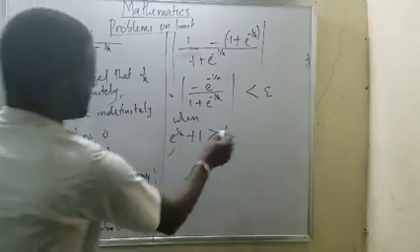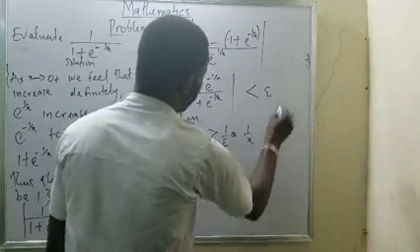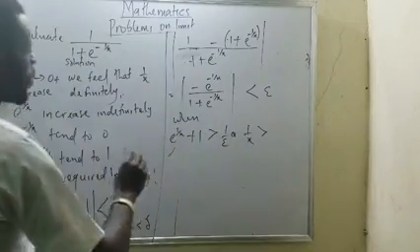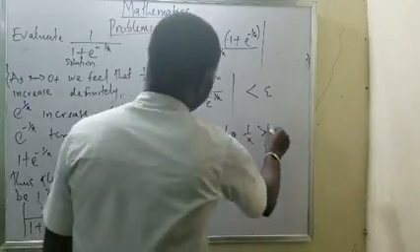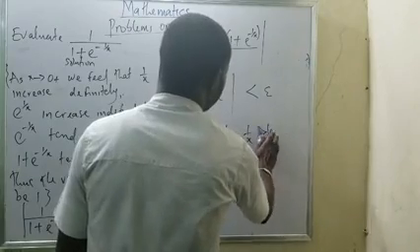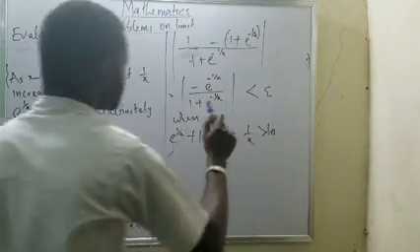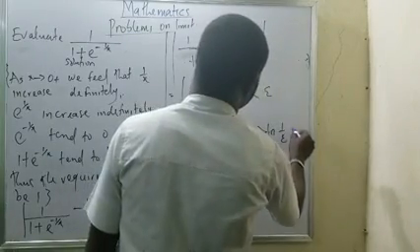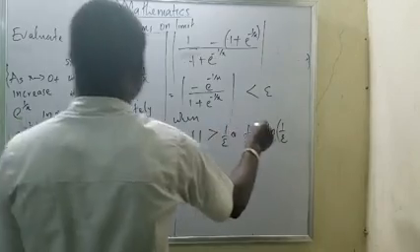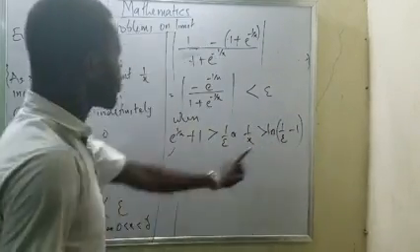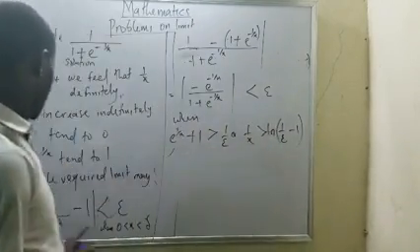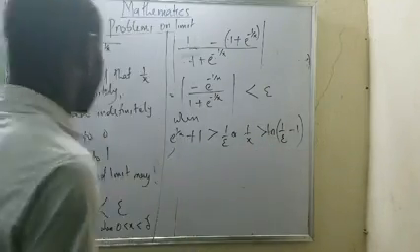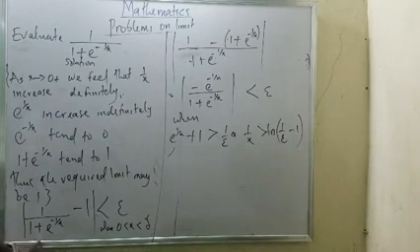Also, 1 over x is greater than ln, let me use ln, of 1 all over epsilon, minus 1. Everything here is being represented by epsilon.